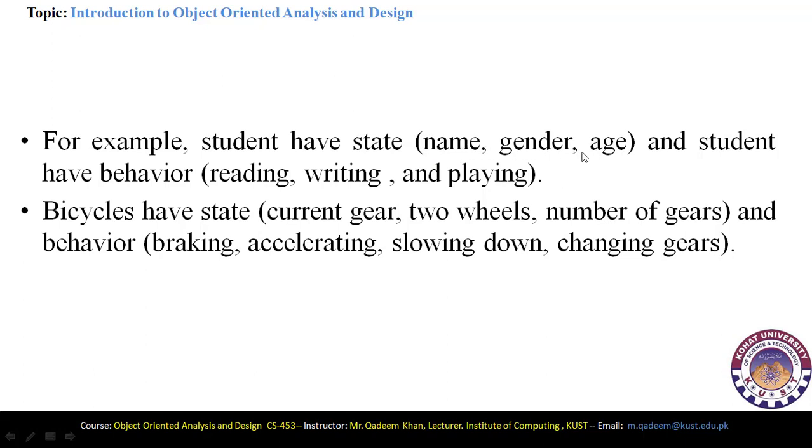So name, gender and age are the variables, and students have their behaviors. For example, students perform reading and they perform writing and they can play. So these are their behaviors. Similarly, bicycle has the current gear, two wheels, number of gears, and they have their behavior: braking, accelerating, slowing down, and changing the gears.